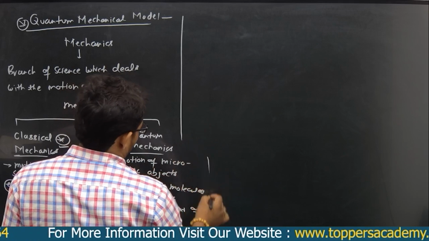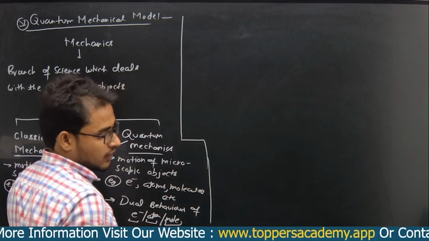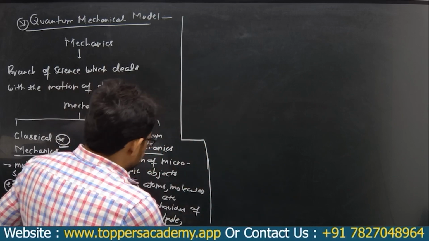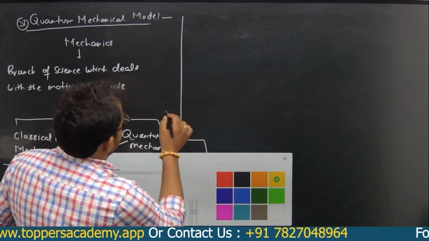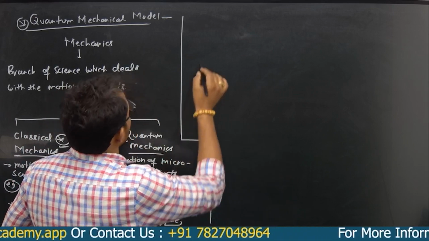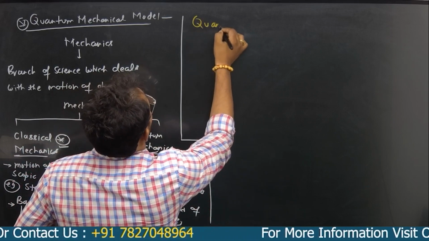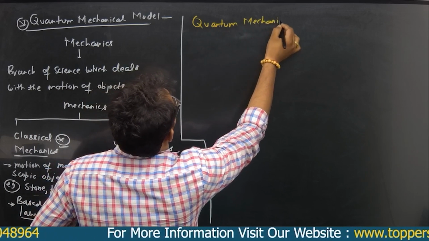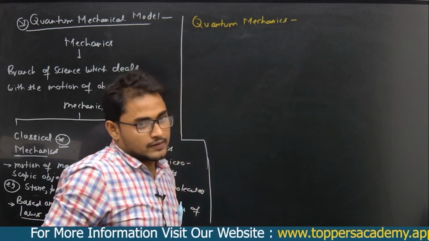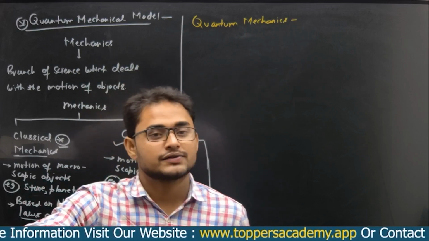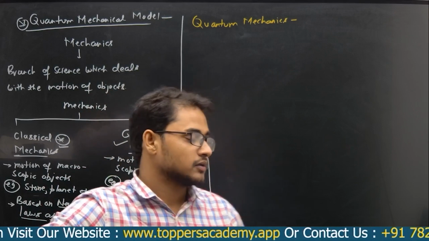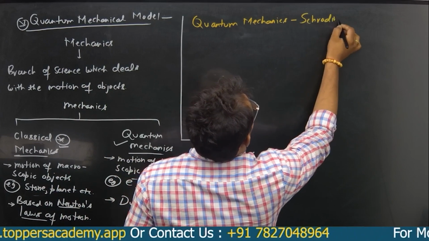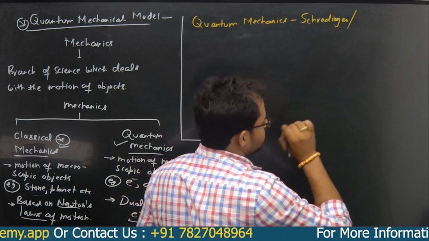We are going to have some more idea about quantum mechanics. Quantum mechanics was introduced by two scientists, Schrödinger and Heisenberg.